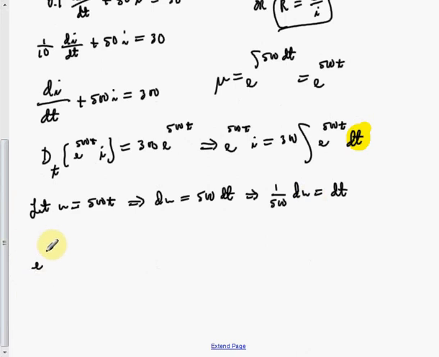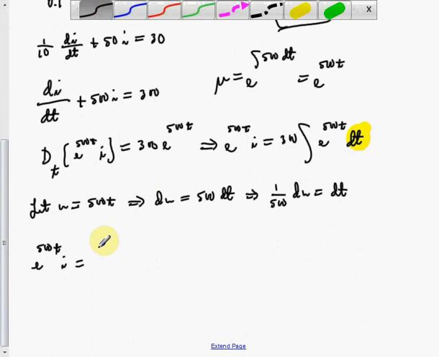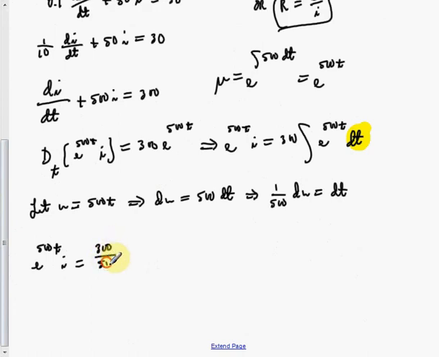So that left side is e to the 500t times I is equal to 300 over 500 times the integral of e to the u du. And that's just 3 over 5 times e to the, that u was 500t, plus some constant.